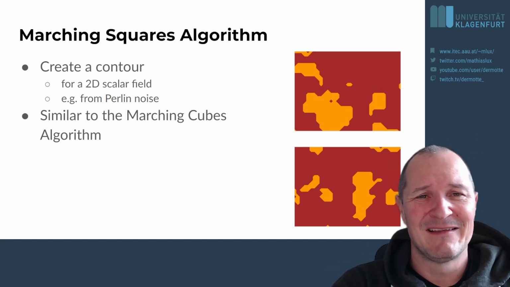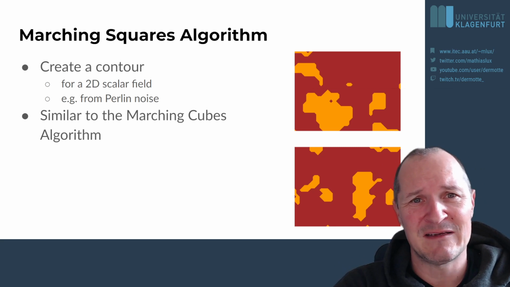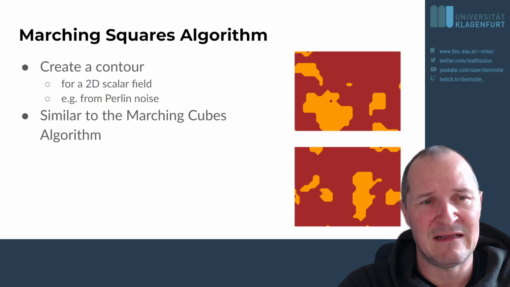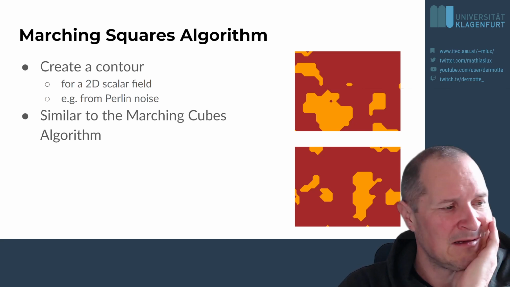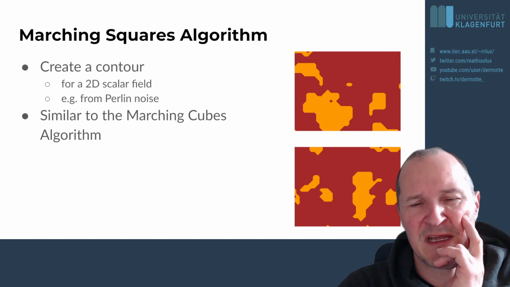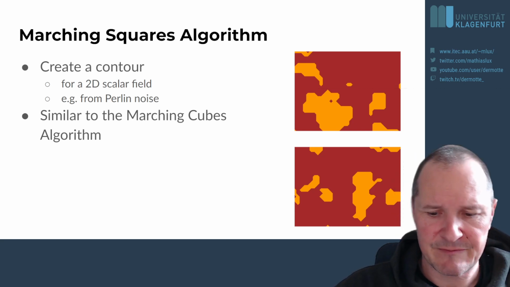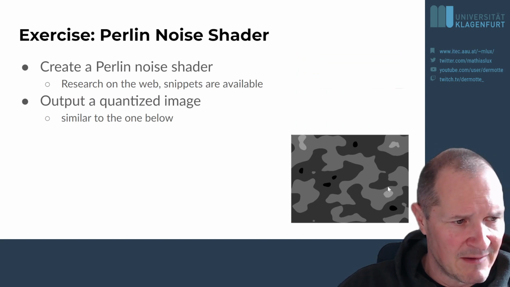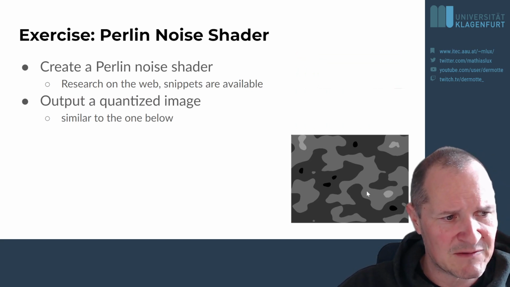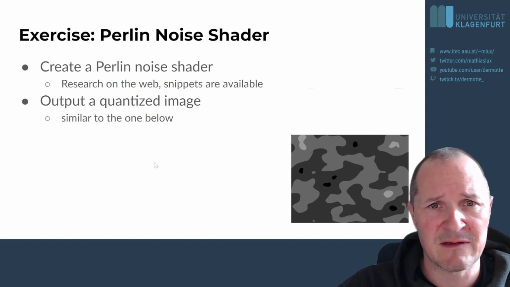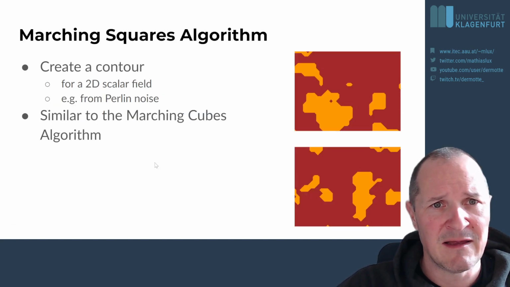This is also something that fits in with the terrains. That's what I wanted to add here. That's part of the noise stuff. If you have a noise map, but you don't want this quantized thing, which is kind of uncontrollable, and you really want to have the levels in control, then you can use the marching squares algorithm.